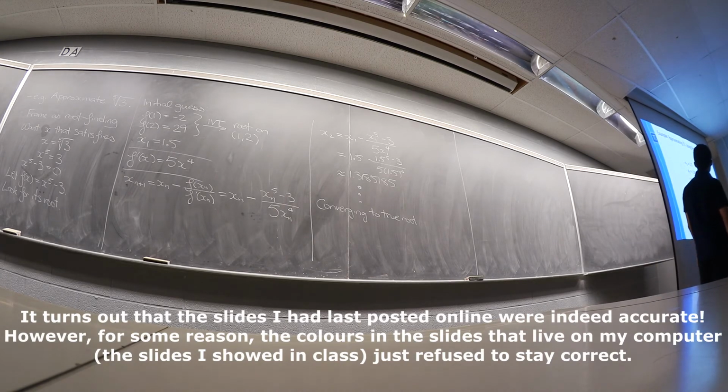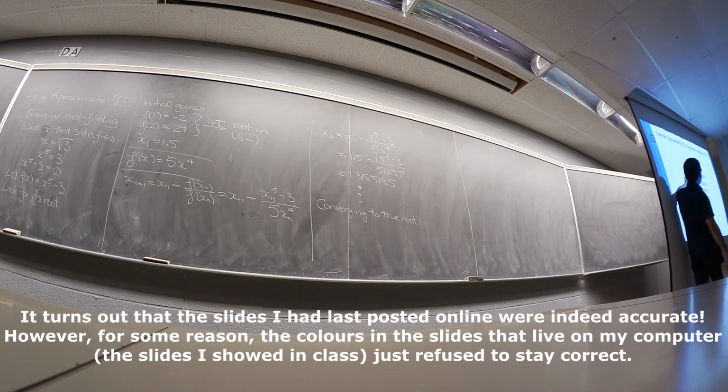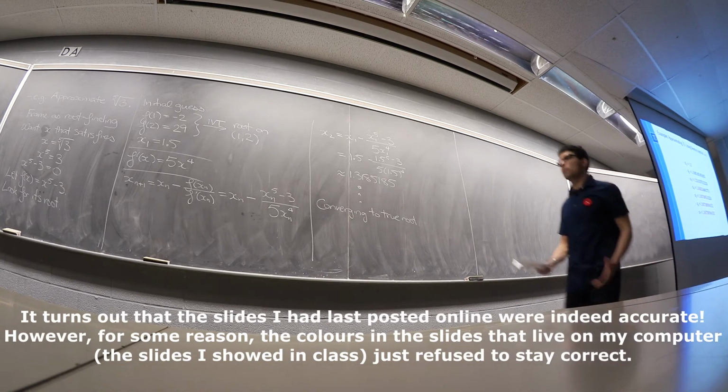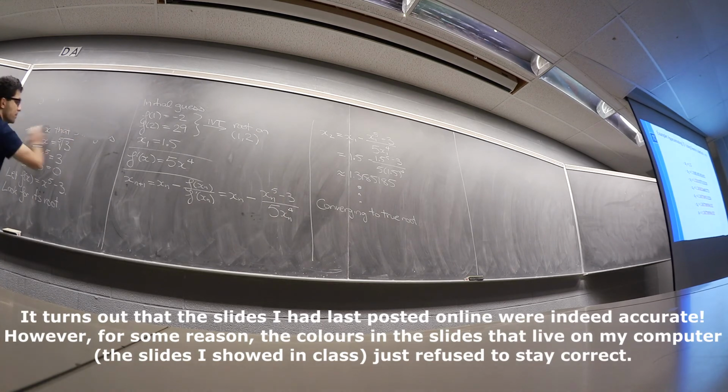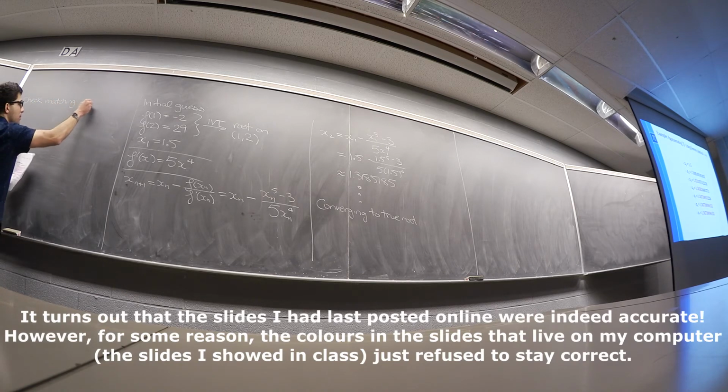I don't know what's going on with the colors. Check between successive approximations which digits match. When you have enough, you can stop. I'll write that now. Check matching digits between successive approximations.